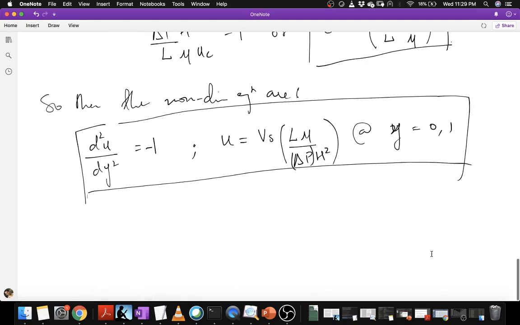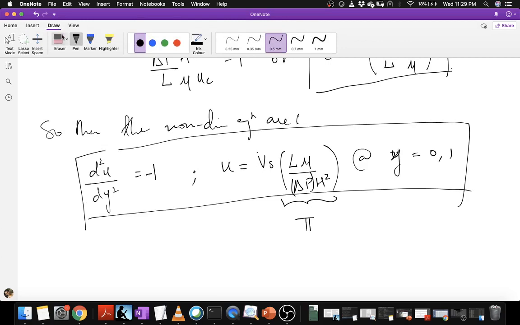Okay, so now you see that we are almost exactly where we want to be. This group is a non-dimensional group which we will call pi. Oh, sorry, not this group, the group involving Vs. So this group here is just the velocity scale.